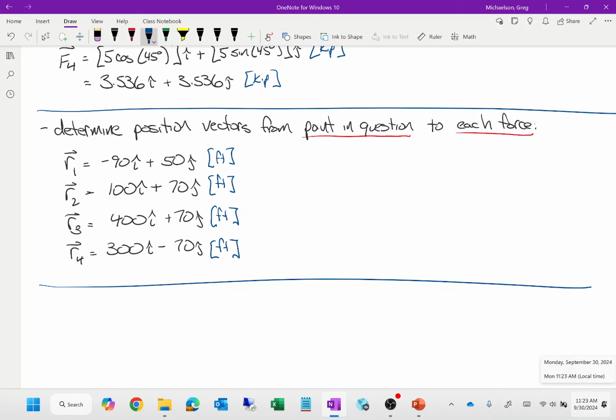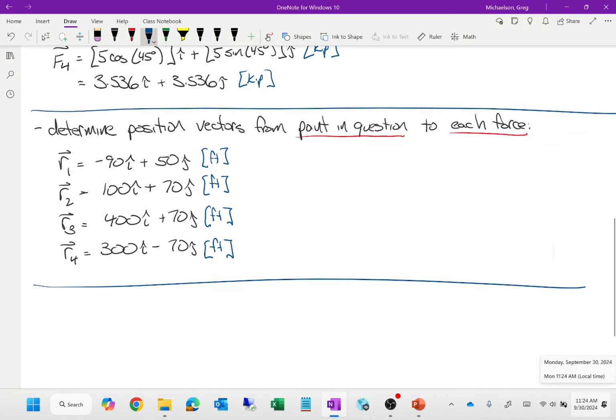Now what we're going to do is look at our equivalent systems. I propose that two systems are equivalent if they have the same sum of forces and the same sum of moments. So here's what we're going to do.